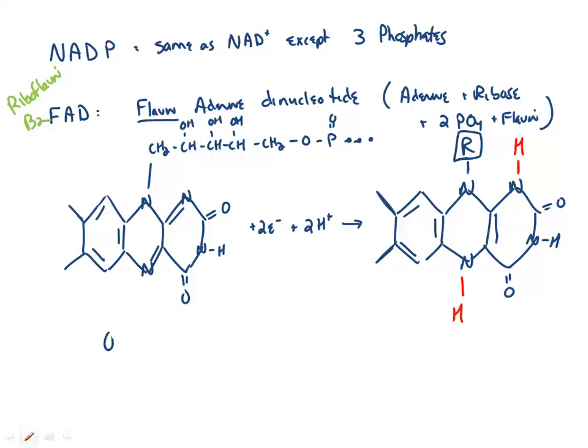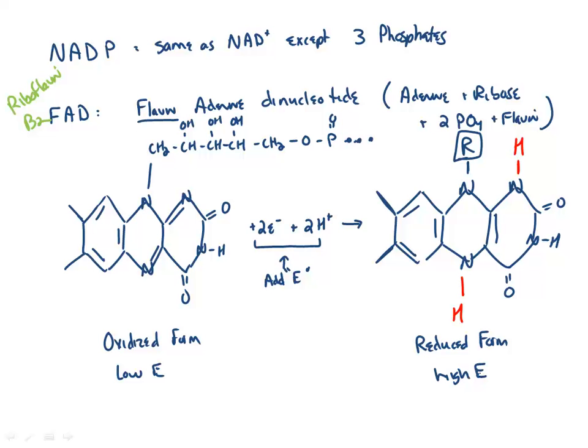So here is my oxidized form, low energy. Here's where I'm adding the energy. And I put that in parentheses because we're really adding electrons and hydrogen. It's not like it's energy when we talk about other reactions, but that's where it's being done. And this is our reduced form, or our energy storage. And so again, you have to be able to mostly recognize energy storage and energy, not storage.